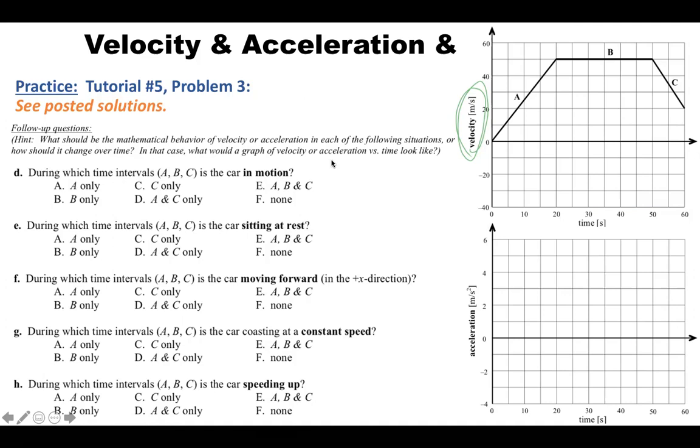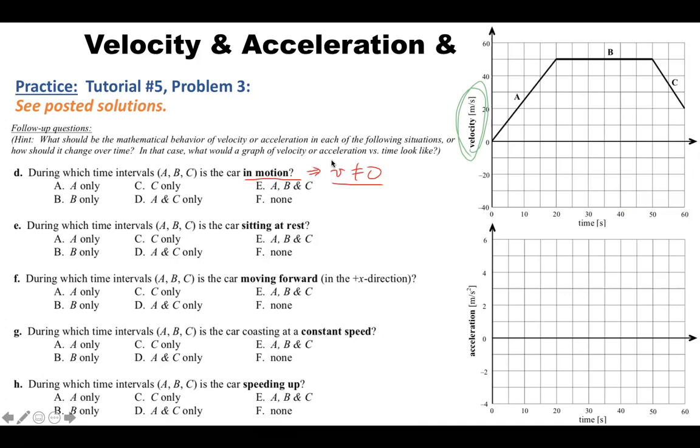Okay, so remember, when you want to know when a car is in motion, what does that mean for a velocity graph or for the value of the velocity algebraically? Well, if a car is in motion, that just means that the velocity is not zero. So basically this is asking over which of these time intervals is the velocity not zero?